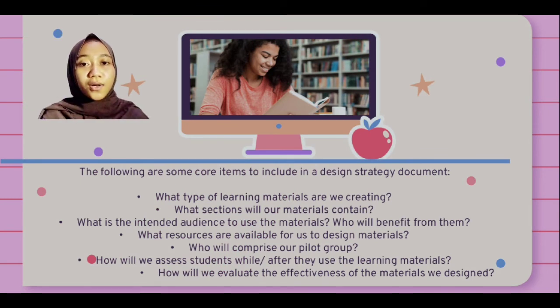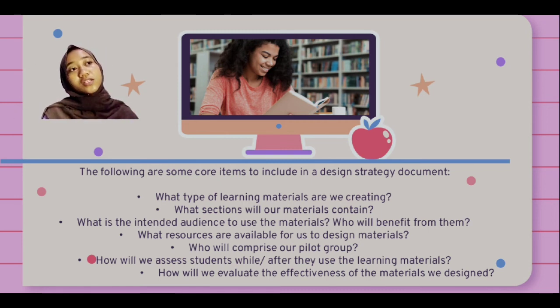Okay everyone, now we already get to the last slide. The following are some core items to include in a design strategy document. The first thing to look at is what type of learning materials are we creating, and the second one is what sections will our materials contain.